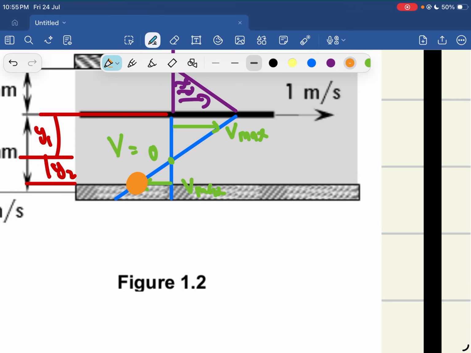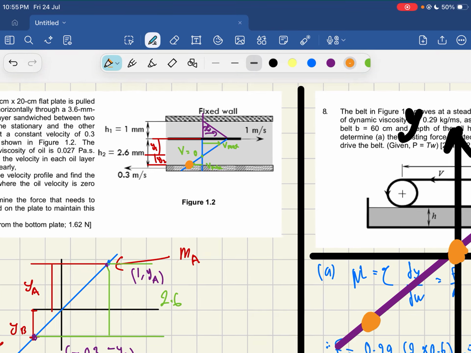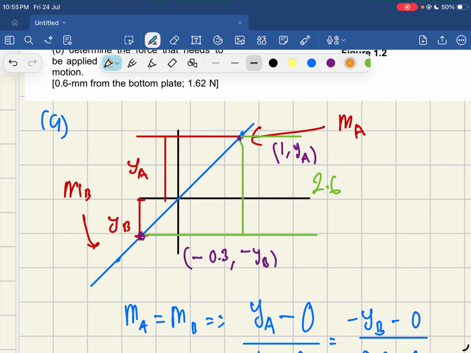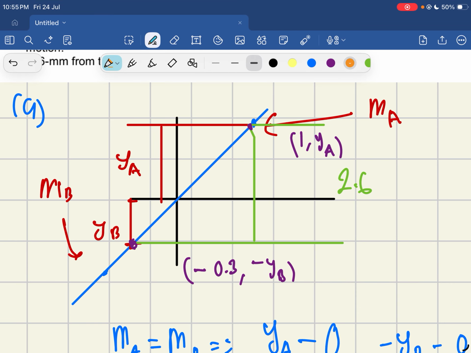Here I will make an assumption. The distance from the origin point to the second point, the y distance, I denote as yb.